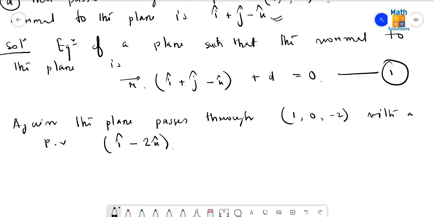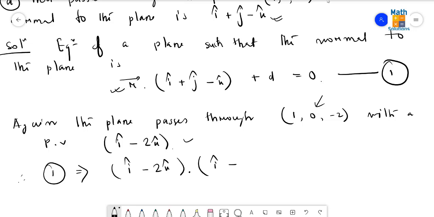So in place of r we can substitute it, because at this particular point the position vector for r will be this one. Therefore 1 implies, in place of r I shall be putting i cap minus 2 k cap dot i cap plus j cap minus k cap plus d is equal to 0.